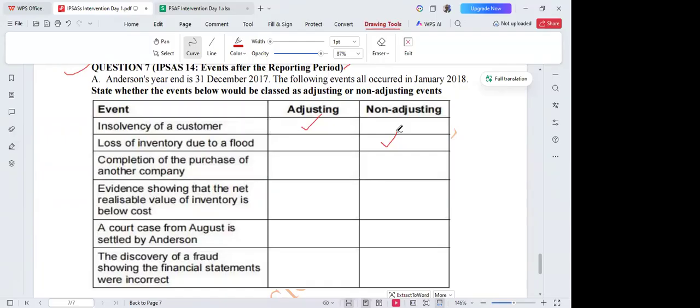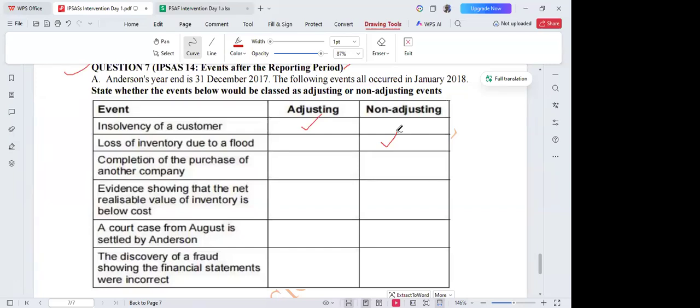This is a non-adjusting event, therefore disclosure will be made. This completion of a purchase of another company is a non-adjusting event, a major activity, for which disclosure needs to be made to the users of the financial statements.